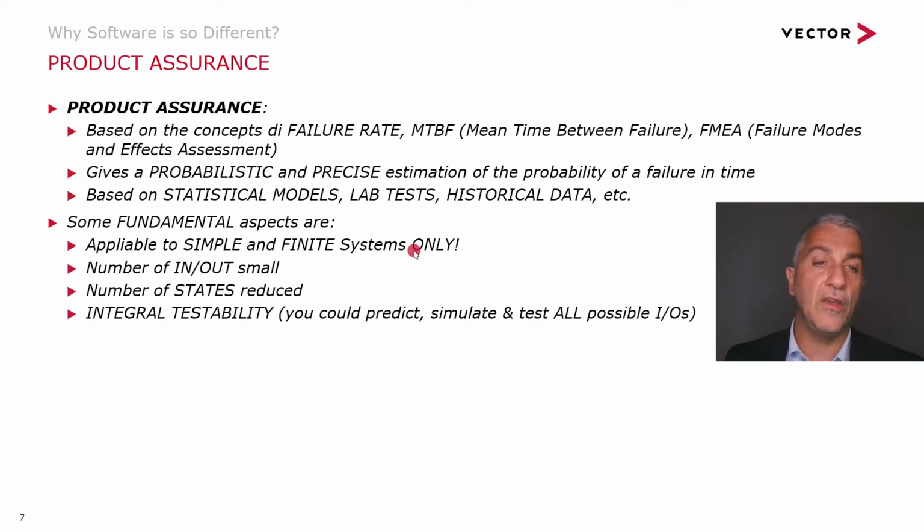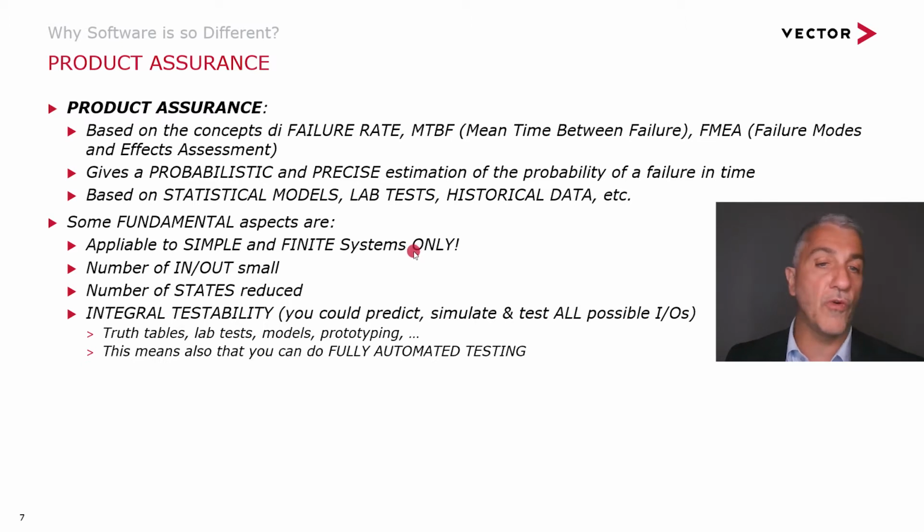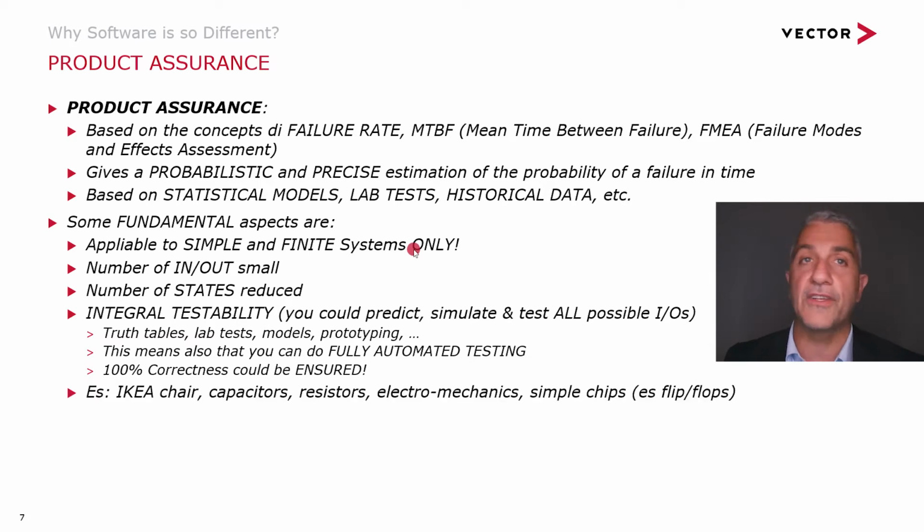In this way, you could reach integral testability. So you could predict, simulate, and test all the possible inputs and all the possible outputs, thanks to truth tables, to lab tests, models, prototyping, etc. And in these cases, you can reach fully automated testing, and you can probably also reach 100% correctness. An example of this kind of thing is IKEA chairs.